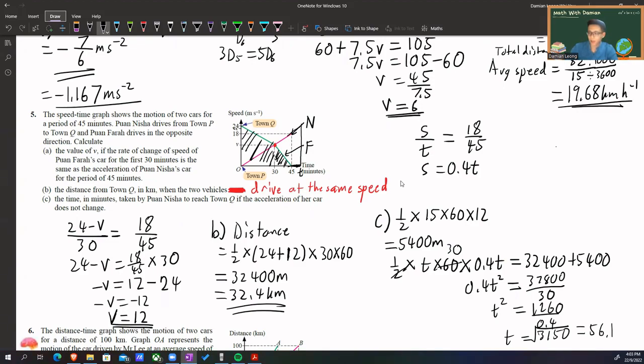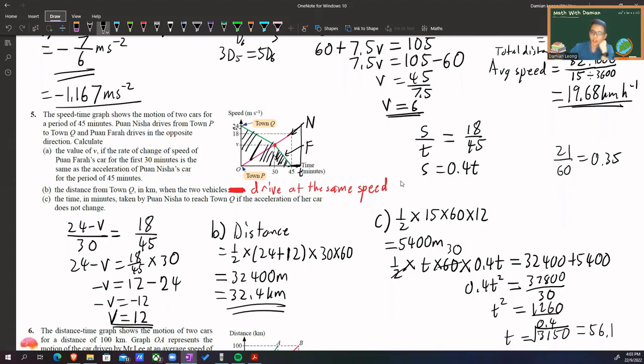And if I take 21 divided by 60, I will get 0.35, which has a different acceleration. So that doesn't really make sense.